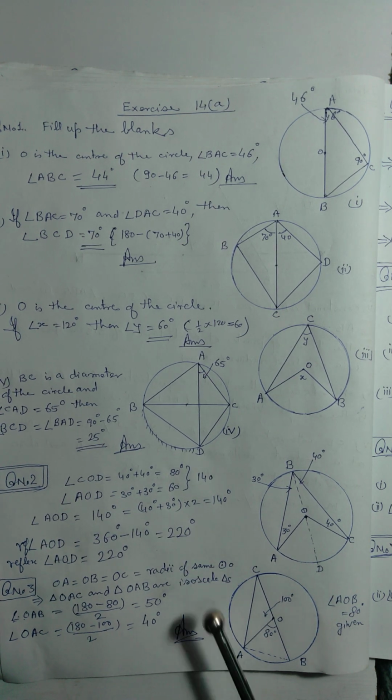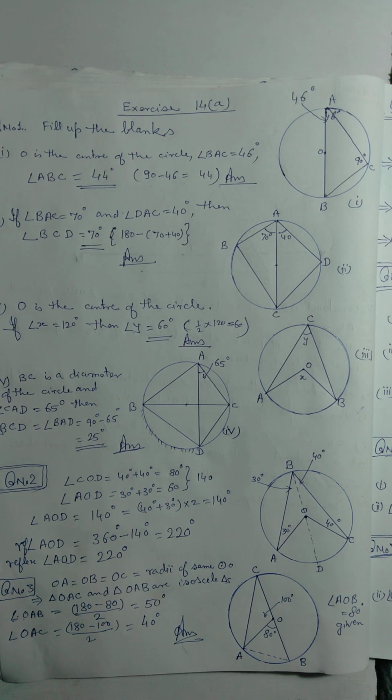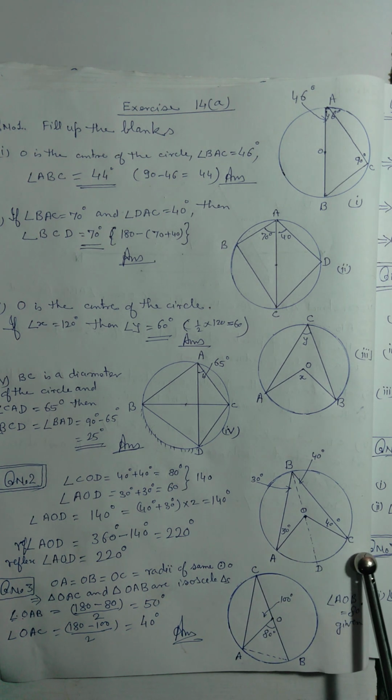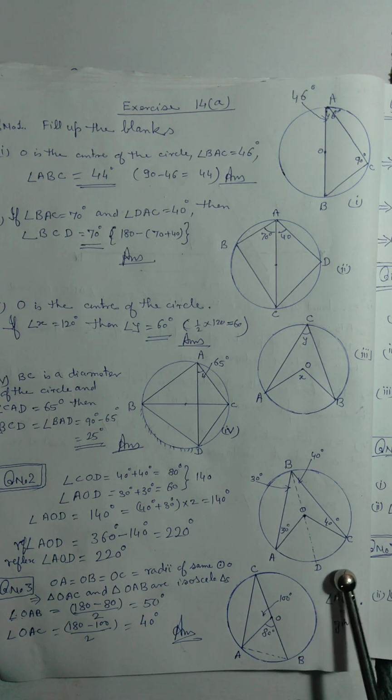Now question number 2. In the figure, O is the center of the circle, and OAB and OCB are 30 degrees and 40 degrees respectively. Find AOC. You see here, O is the center of the circle.